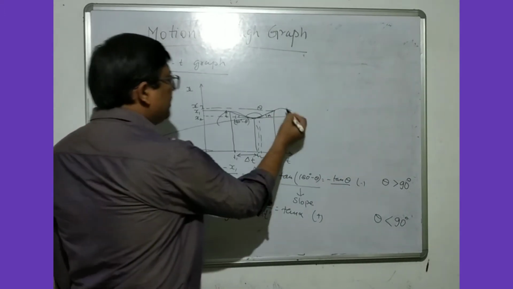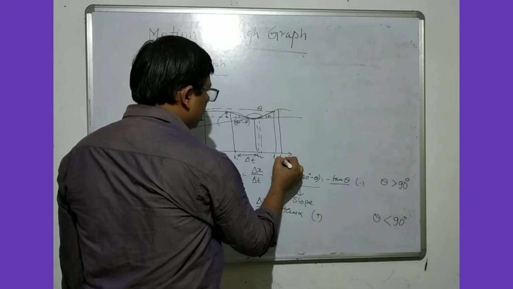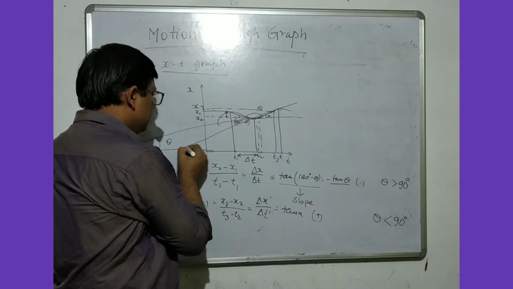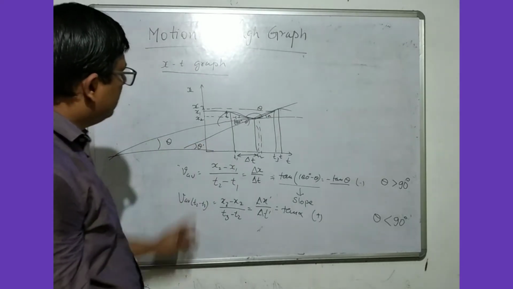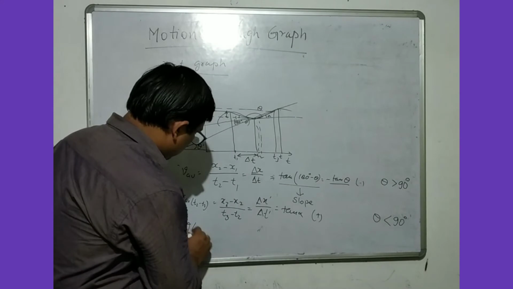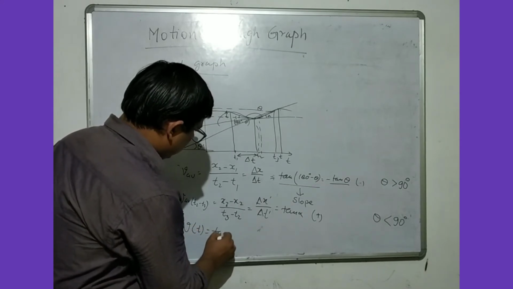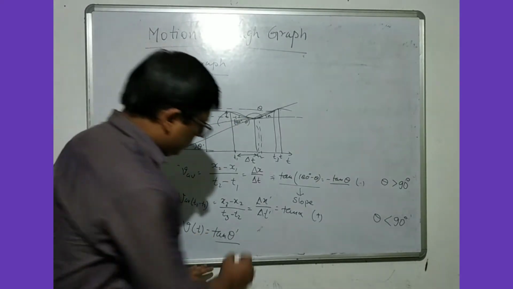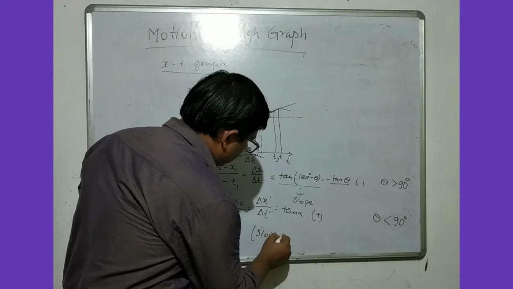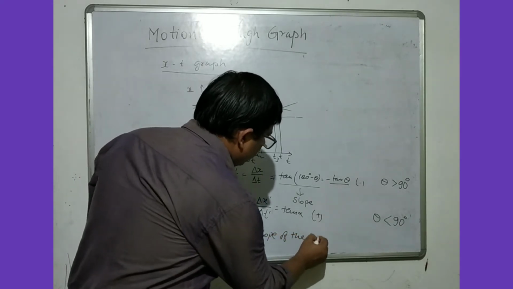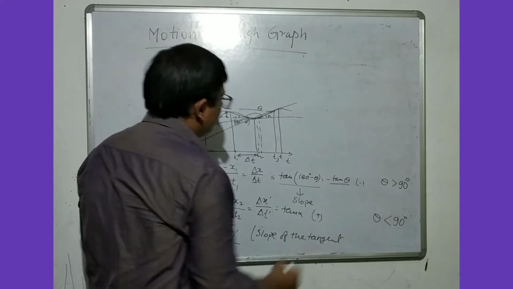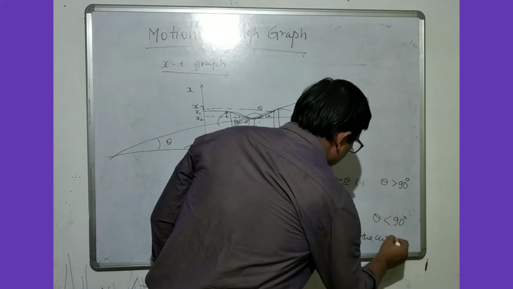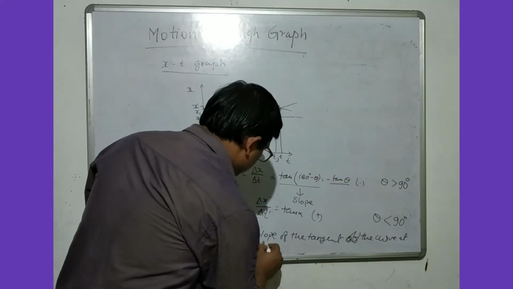So at any time t, if you draw a tangent to the curve, and it makes some angle theta prime, then tan theta prime gives the velocity at time t. That is the slope of the tangent of the curve at that point.